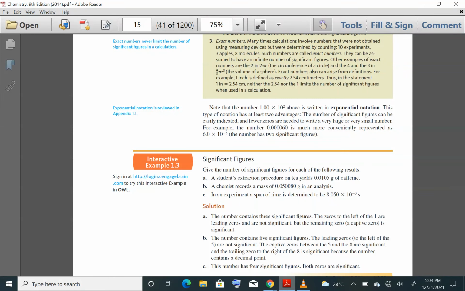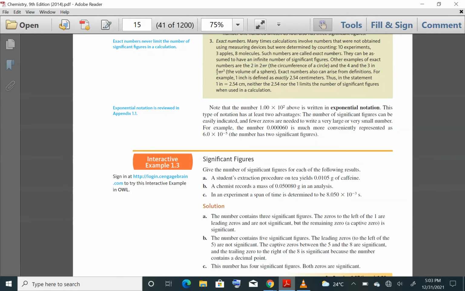Then a chemist records the mass of 0.050080. So how many significant figures? That's 5. Now how are we arriving at that? Remember, the first two zeros are insignificant because they are leading zeros, and then 5, and then 5008. You see those two zeros between 5 and 8, they are captive zeros, so they are significant, right?